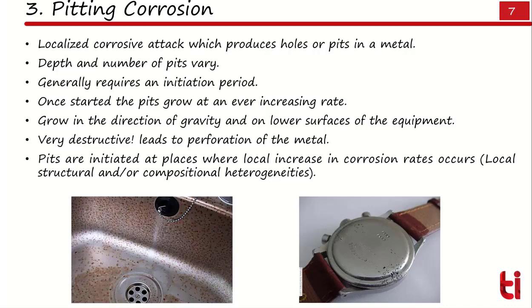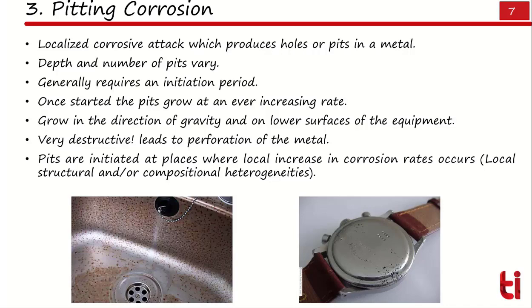Generally, it requires an initiation period for pitting to appear on the metal surface. The difficulty with pitting corrosion is that once it is started, pits grow at an ever increasing rate, and then it is difficult to control this kind of corrosion.